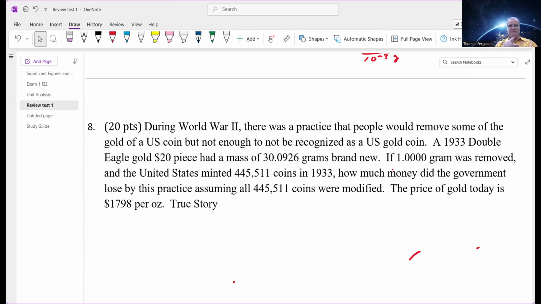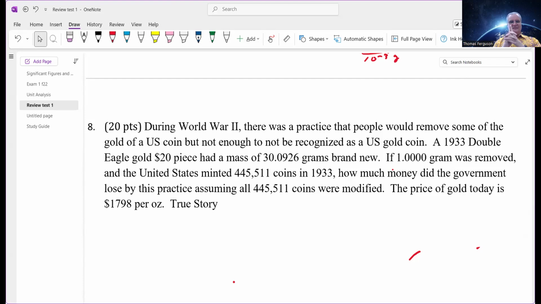So the problem here is, if a gram of gold dust was removed, and the United States minted 445,000 coins in 1933, how much money did the government lose, assuming all those coins were modified? A lot is right.